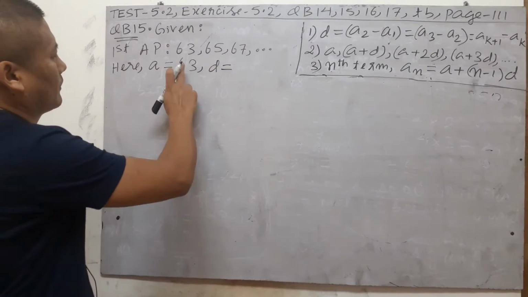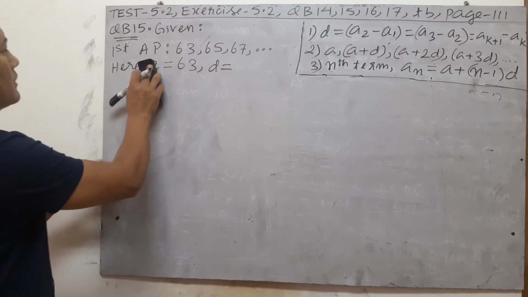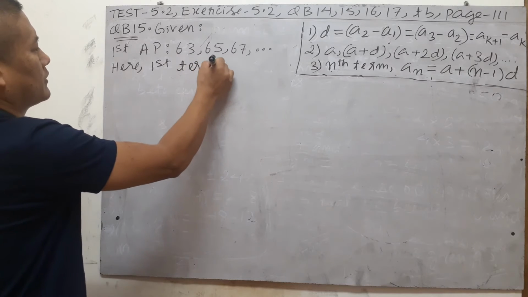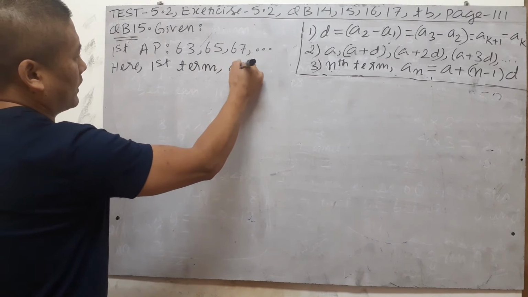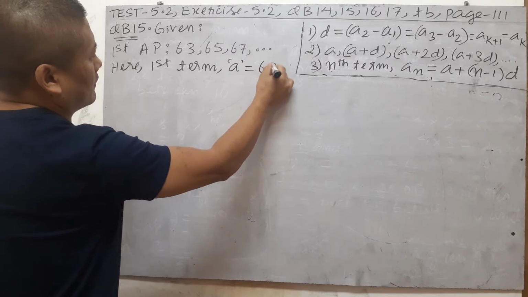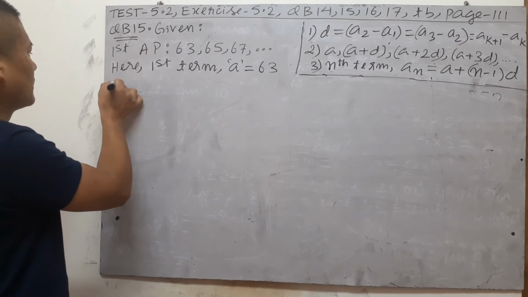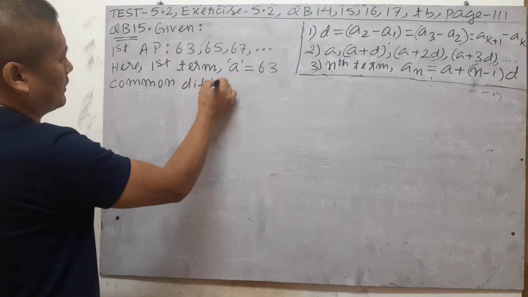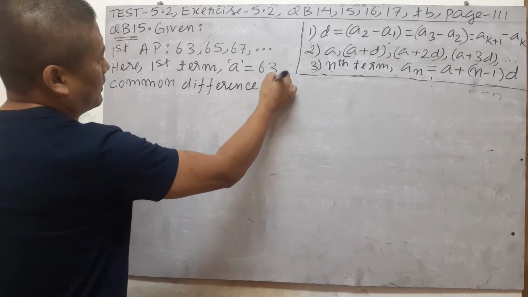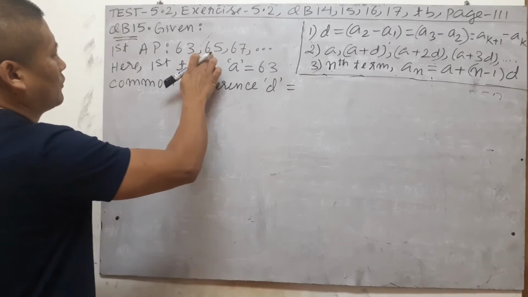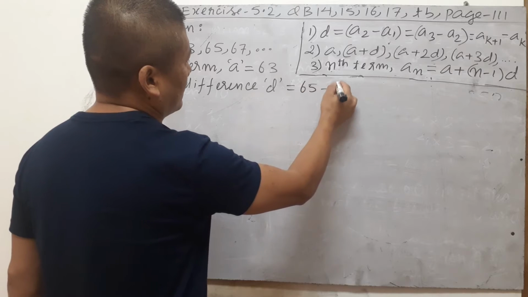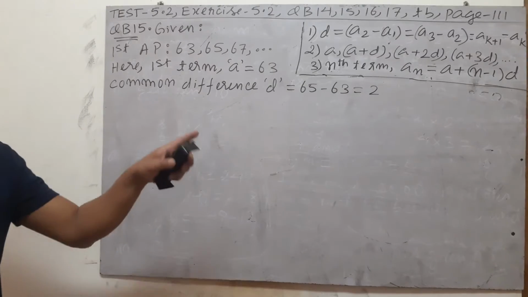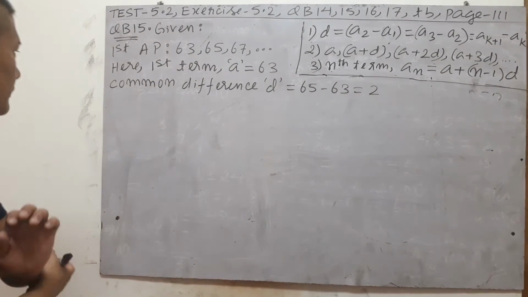will be, okay, I can write down once here. The first term of the first AP, that is denoted by a, is 63, and its common difference of the first AP is denoted by d, the usual one, a2 minus a1. So 65 minus 63 equal to 2. 65 minus 63, simple, right? 2 plus 2.